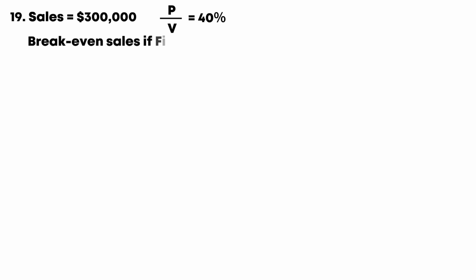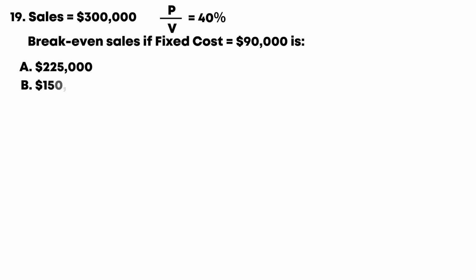19. Sales equals $300,000. P by V ratio equals 40%. Break-even sales if fixed cost equals $90,000 is A. $225,000. B. $150,000. C. $90,000.